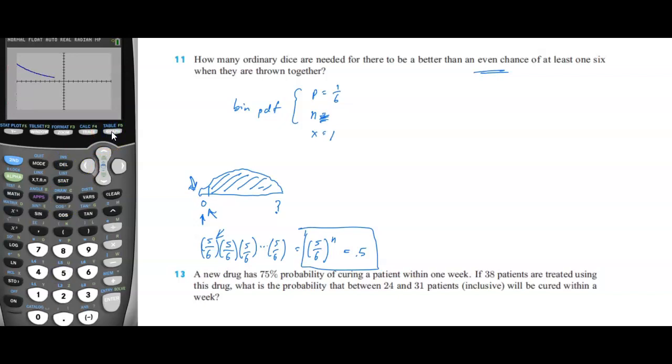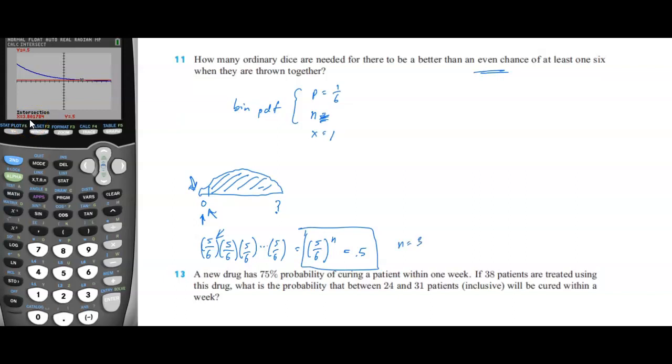So there's my function 5/6 to the x, and there is my function 0.5. And then to find the intersection, I do second calc intersect. And then I just hit enter 3 times. And the answer is 3.8.